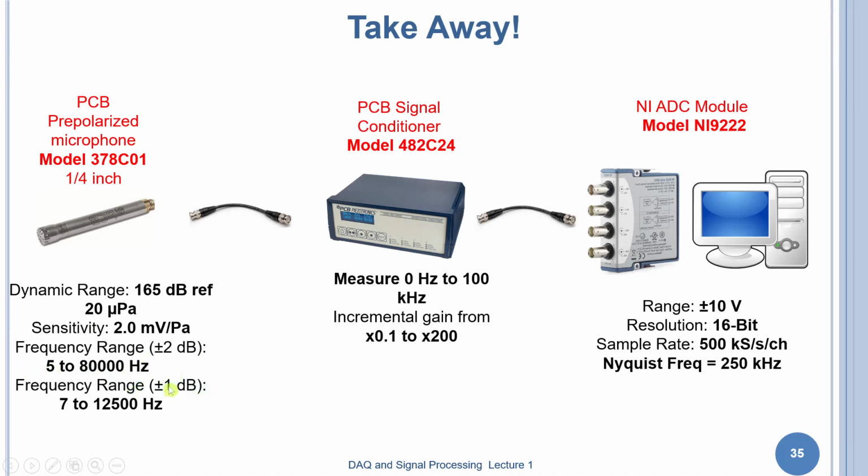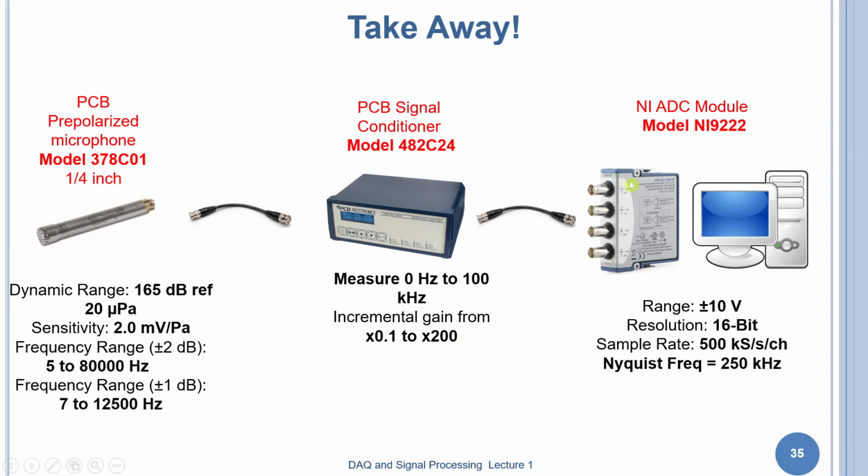If you want a smaller variation, this sensor can be used from 7 to 12,500 Hz. This signal conditioner can measure anything between 0 Hz to 100 kilohertz, and it can give an incremental gain from 0.1 to 200 times of your input signal.